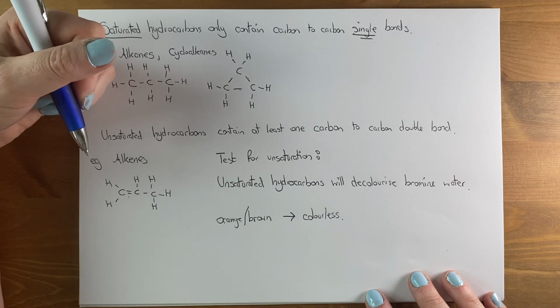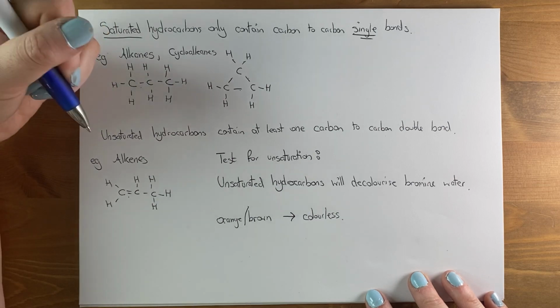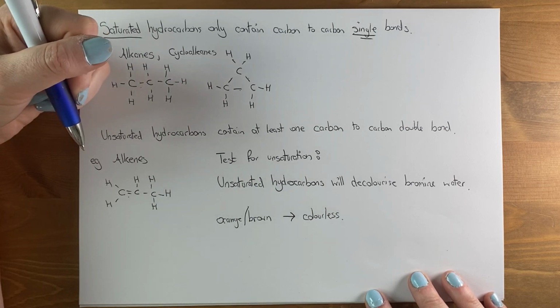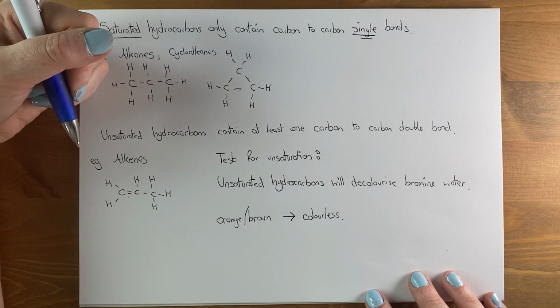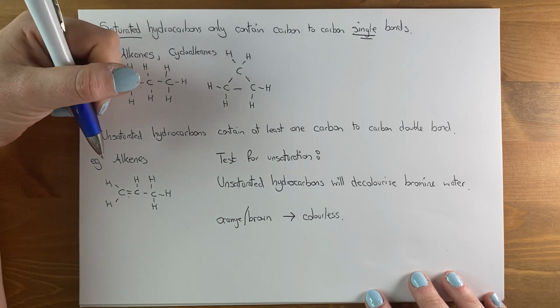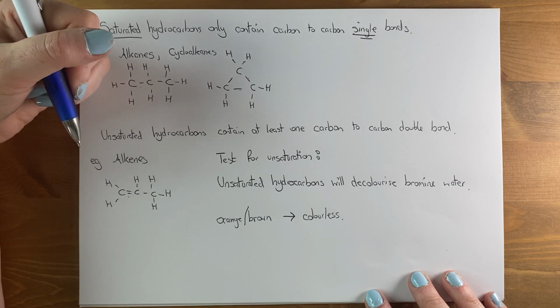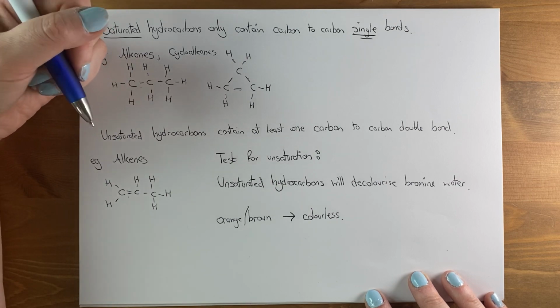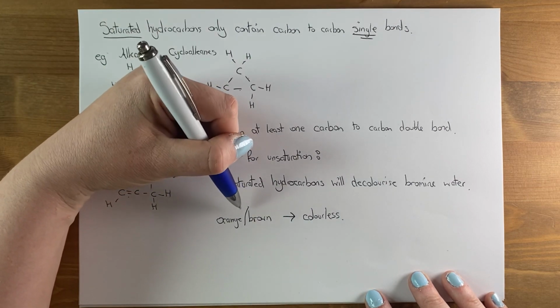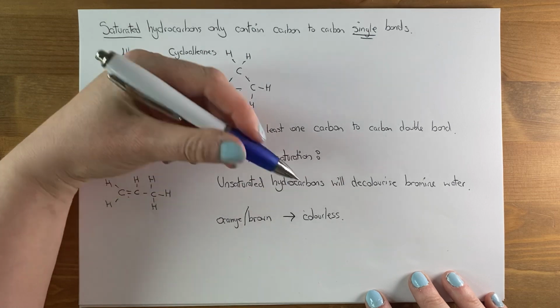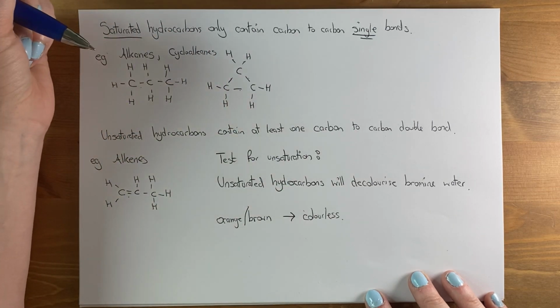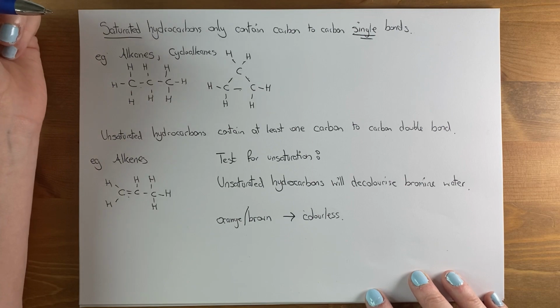It's really important to note that it is the bromine solution that decolorizes and not the alkene. The alkene doesn't have a colour. The alkene itself is likely to be colourless, but the bromine solution is the orangey brown colour, and it's the bromine solution that goes from orange brown to colourless if you have an alkene present. So that is your test for unsaturation.